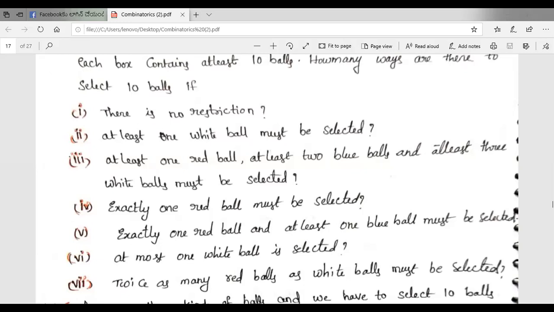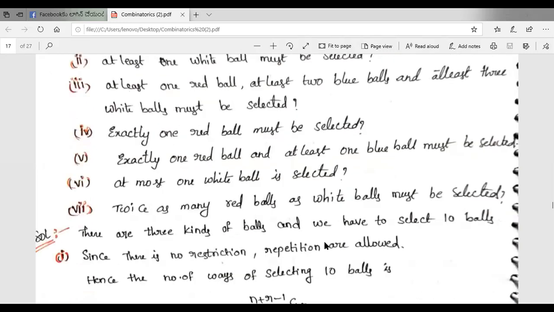So here, solution: there are 3 kinds of balls and we have to select 10 balls. So we have 3 types of boxes and 3 colors, 3 kinds of balls, and we have to select 10 balls. In the first question, since there is no restriction, repetition is allowed, which means a combination with repetition.